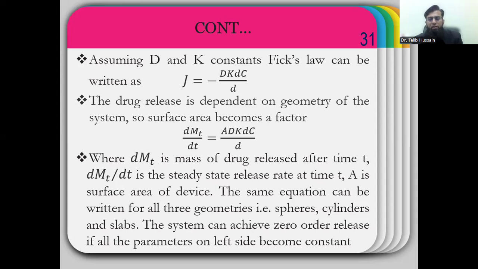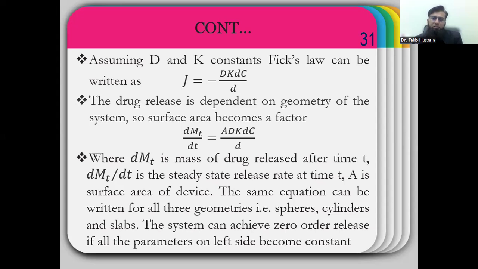There is a problem with the distance. As it will be a reservoir system, there will be no change in the distance, as it has a single membrane around the reservoir or around the core material. So the single layer will serve as the distance d. But in the matrix system, it will be changing, as a matrix has a uniform, homogeneous blend of the drug and the polymer.